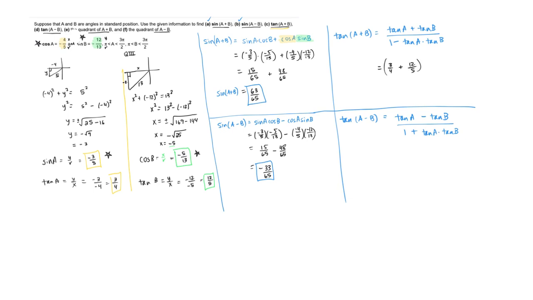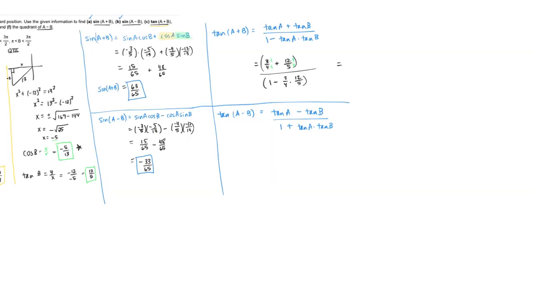So that's our numerator, and that's all being divided by 1 minus their product. And we'll just get some common denominators there, so we'll get 15/20 plus 48/20. That's our numerator. And in the denominator we have 1 minus 36/20, just multiplying straight across.